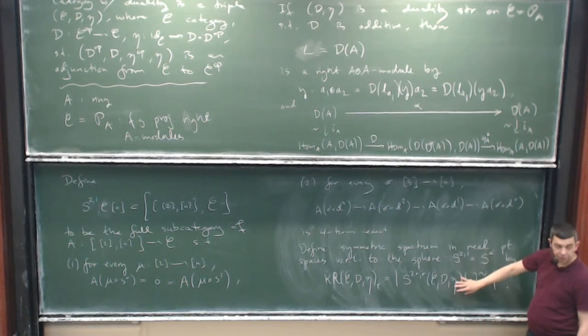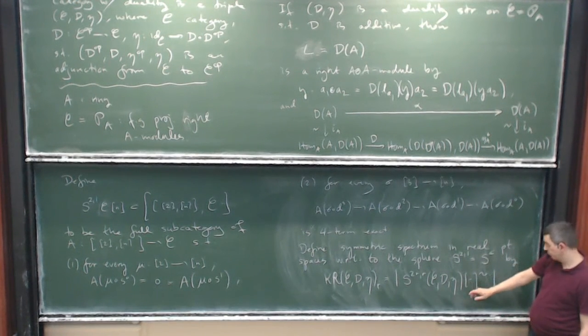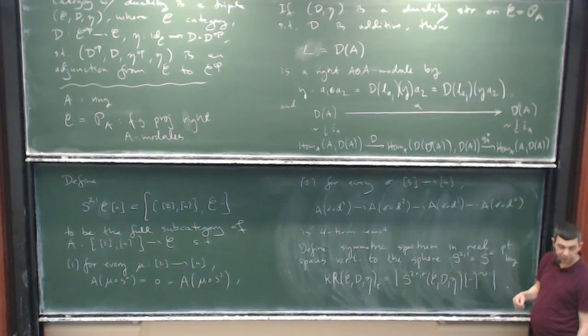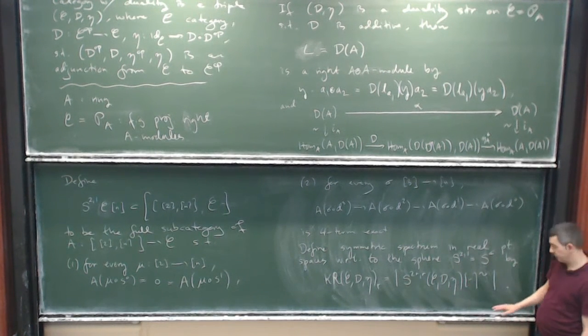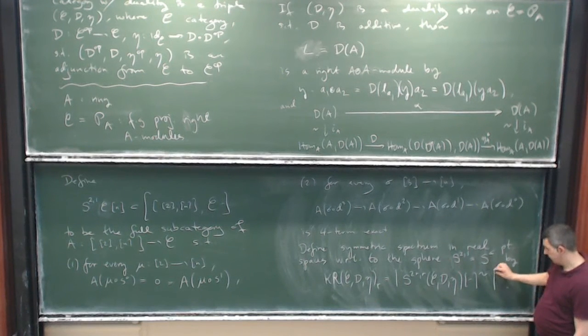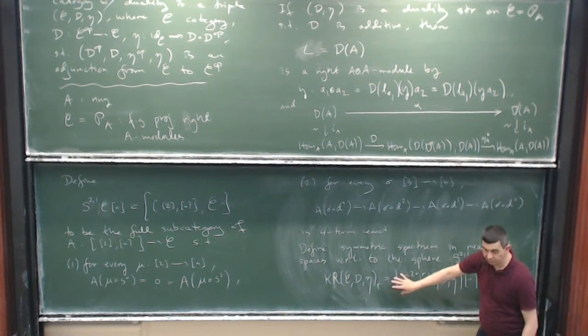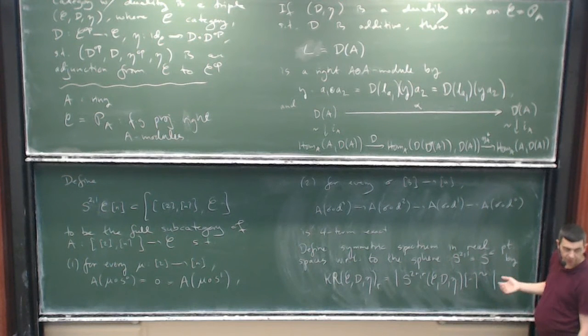If the duality is not strict, so if eta is not the identity, then this geometric realization here is a bit more complicated, but let's not get into that.